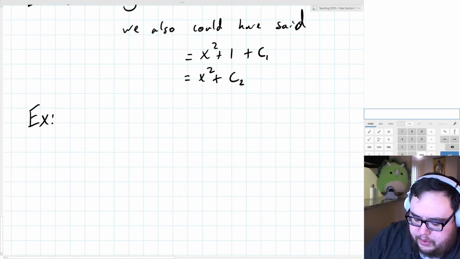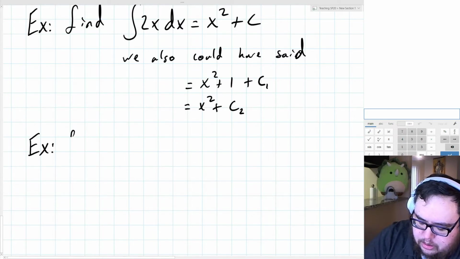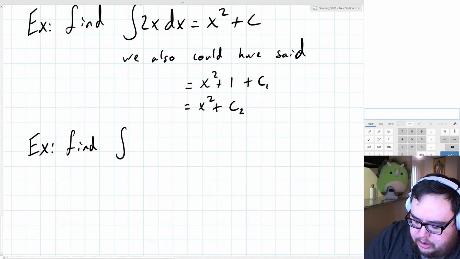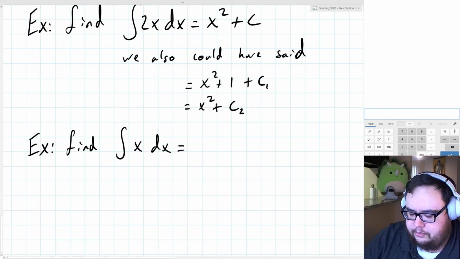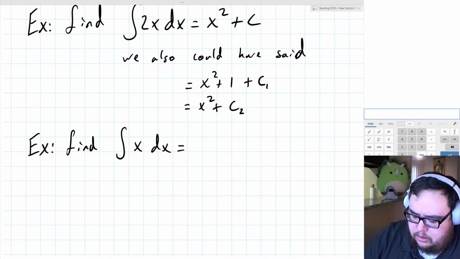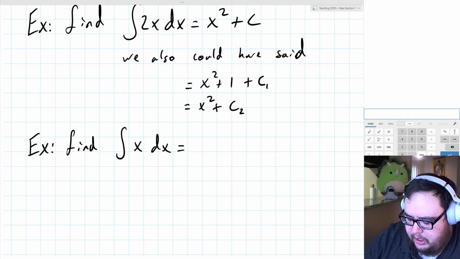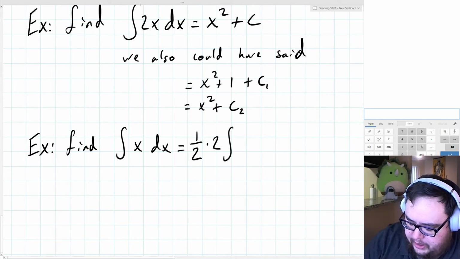So going off of the previous one, we know what the antiderivative or an integral of 2x is, but what is the integral of x dx? Well, we know that the integral of 2x dx is x squared, and the integral of x dx is equal to 1/2 of 2 times the integral of x dx.